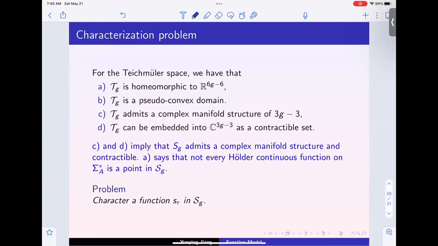Then we have a problem: how can you characterize a function as the scaling function of a hyperbolic Riemann surface? That is still a problem. In other words, whether S_G is pseudoconvex or not, we don't know yet, but we are trying to study it.